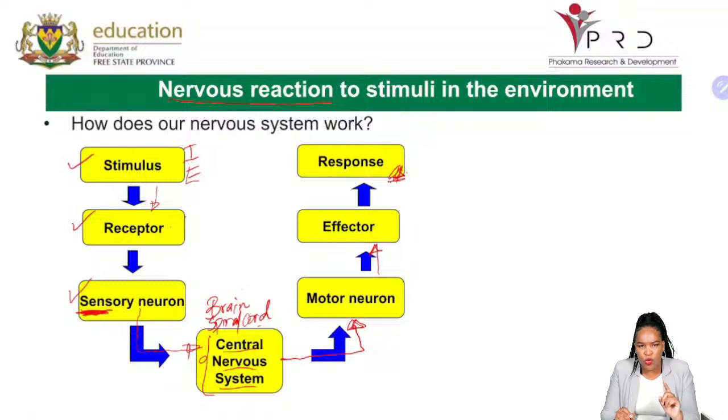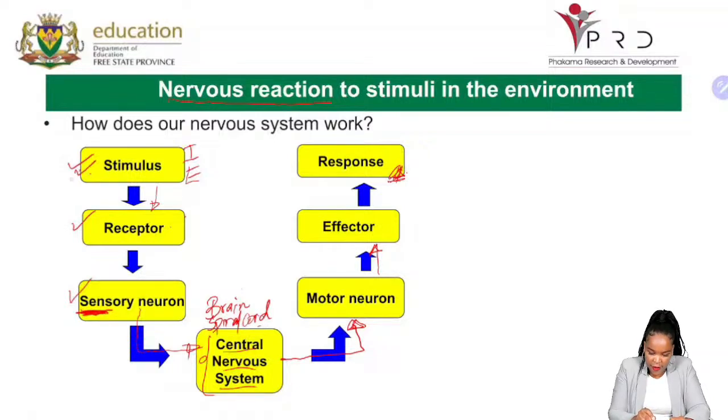Just take 2-3 seconds to process this information. This is how your nervous system is going to respond to any external or internal stimulus. 1, there's going to be a stimulus here. 2, that stimulus is going to be sent to the receptors.